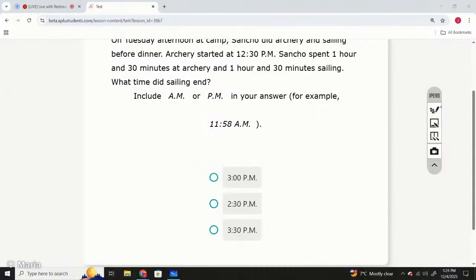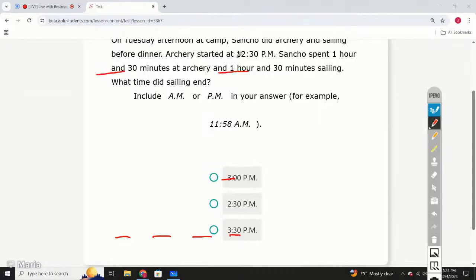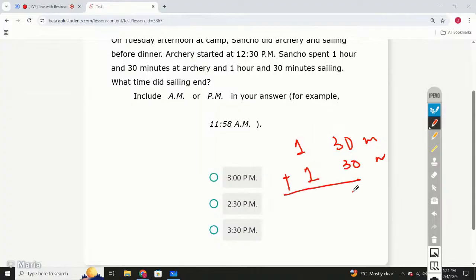Okay, so he started at 12:30. 12:30 is the starting time. He spent 1 hour and 30 minutes doing archery and 1 hour and 30 minutes doing sailing. Let's just add the time. 30 minutes and 30 minutes makes 1 hour, so add 1, 2 hours, and 1, 2, 3. That means 3 hours he is doing archery and sailing. Now add 3 hours to 12:30. 1, 2, 3, that would be 3:30.